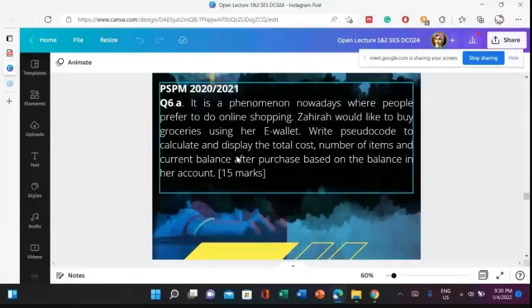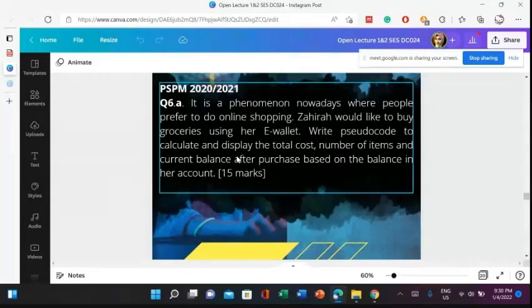It is a phenomenon nowadays where people prefer to do online shopping. Sahira would like to buy groceries using her e-wallet. Write pseudocode to calculate and display the total cost, number of items, and current balance after purchase based on the balance in her account.